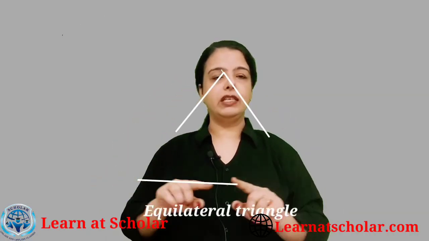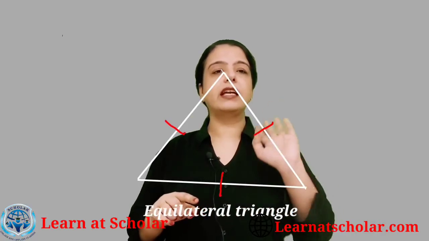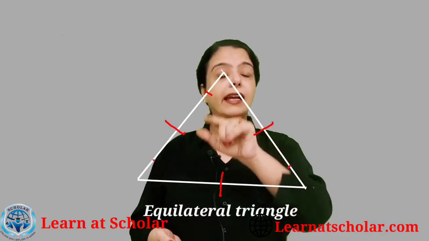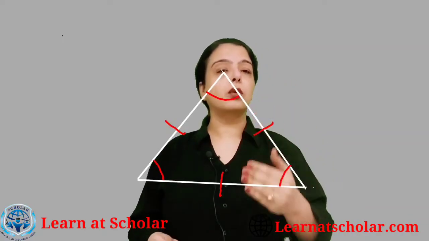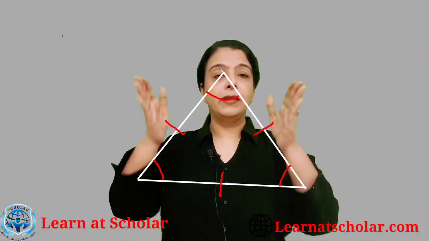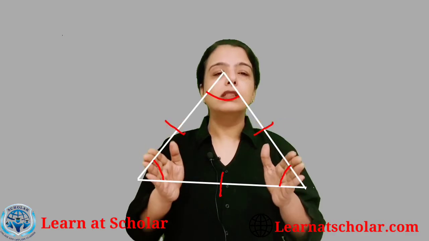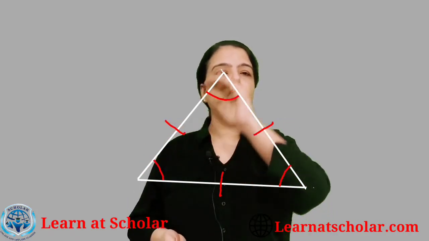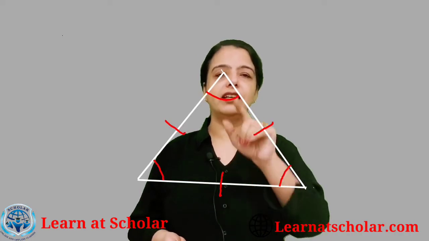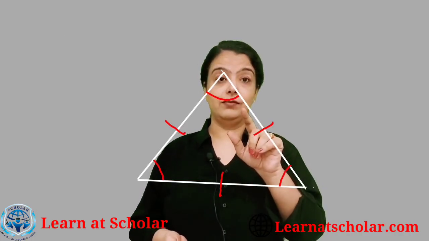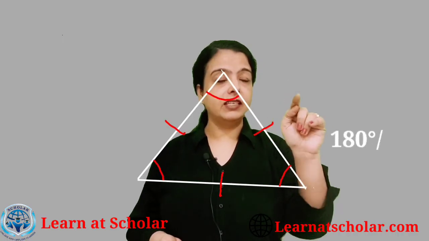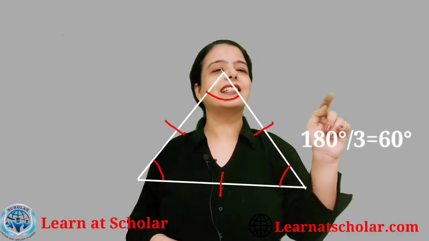This is an equilateral triangle where all the three sides are equal. Again, the angles opposite to these sides are also equal. That means all the three sides and all the three angles are equal. And you already know that the sum of the three angles in a triangle is 180 degree. If all the three angles are equal, you will divide 180 by 3 and you will get 60 degree.